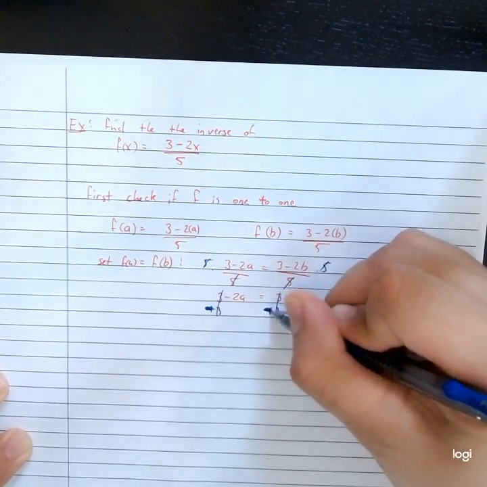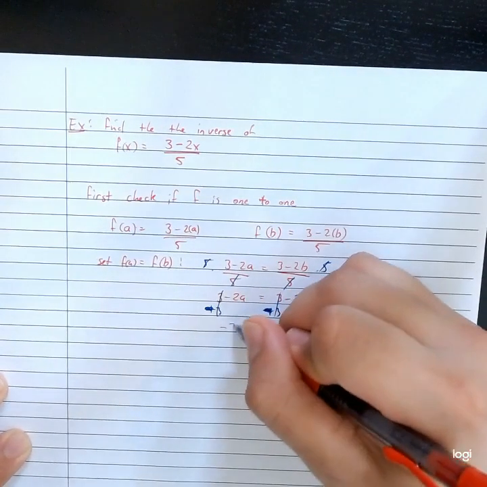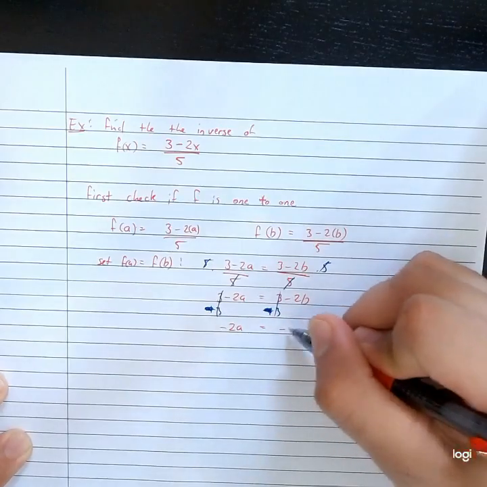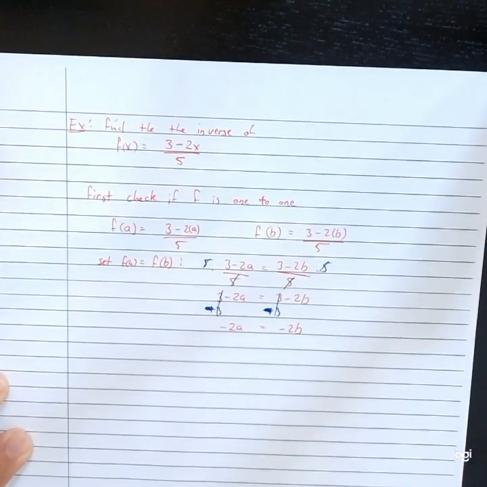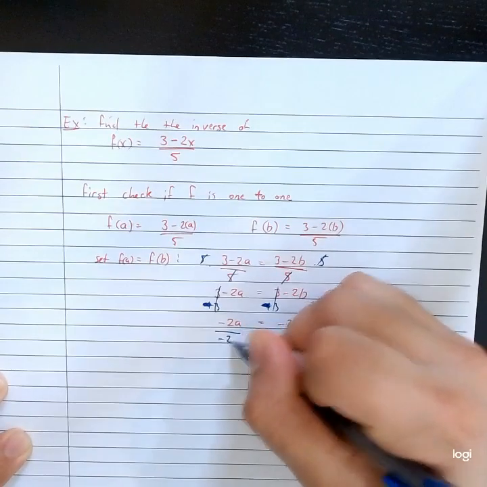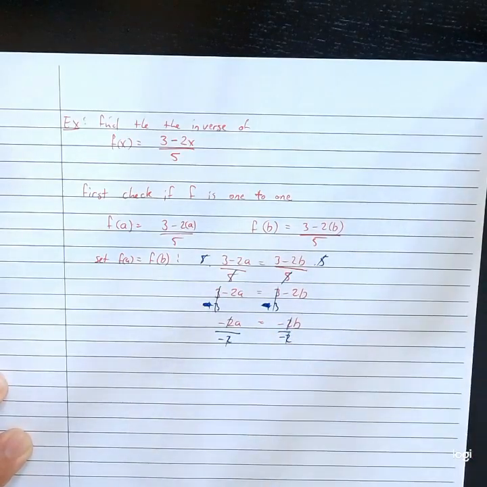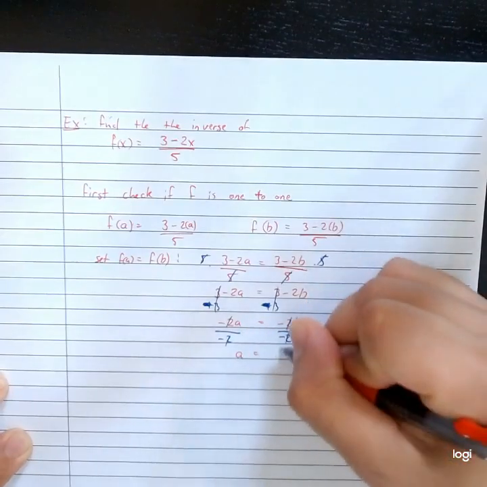And those subtract away. 3 minus 3 will give me 0. And this will leave me just minus 2a is equal to minus 2b. And finally, I could say I'm going to divide both sides by negative 2. And those two numbers divide away. So here we're left with a is equal to b.